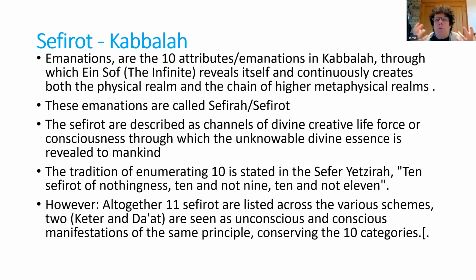The Ein Sof, this infinite being, reveals itself and continuously creates the physical realm and the chain of higher metaphysical realms. So it's happening all the time. It's like light pouring down all the time, but it has to be slightly restricted as it comes down to us, because we can't take that much light. I mean, it would blind us. It would be like staring at the sun.